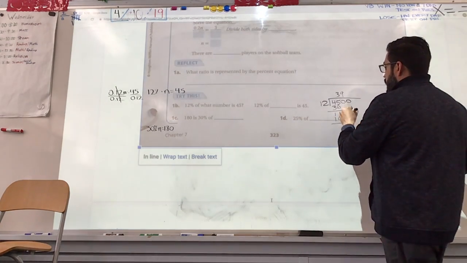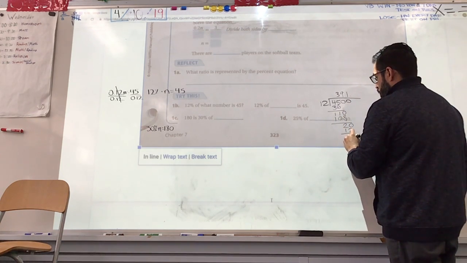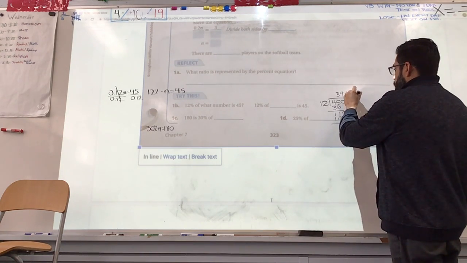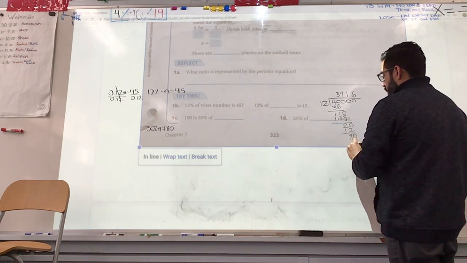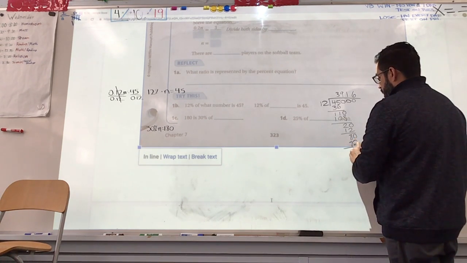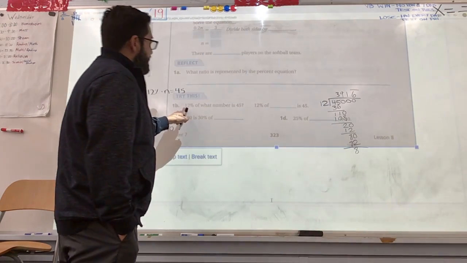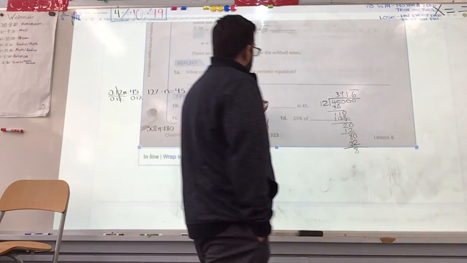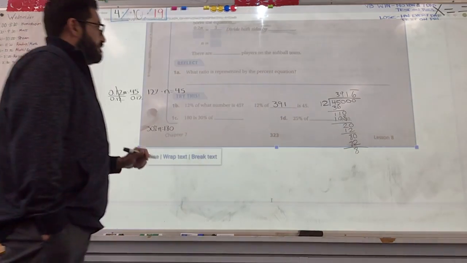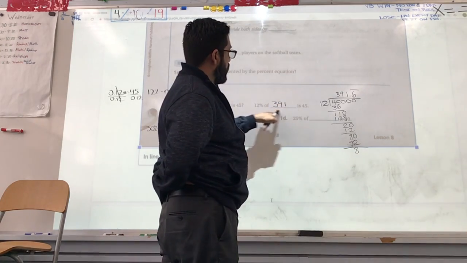And 12 goes into 20 one time, and that would be 72. Then that was 8, that would be repeating. So 391.6 repeating. So 12% of 391 is 45. So 45 is 12% of this whole number.